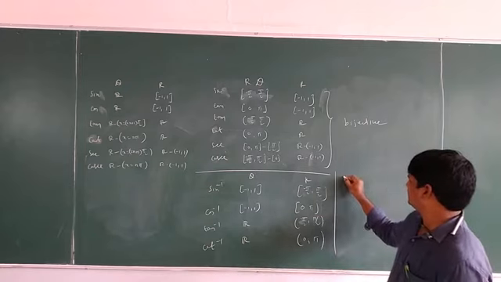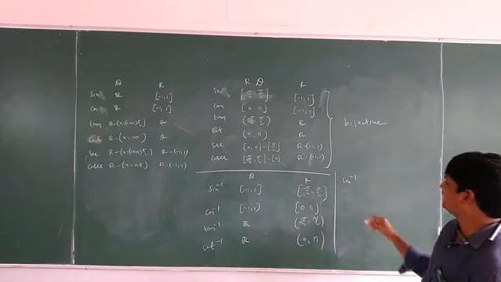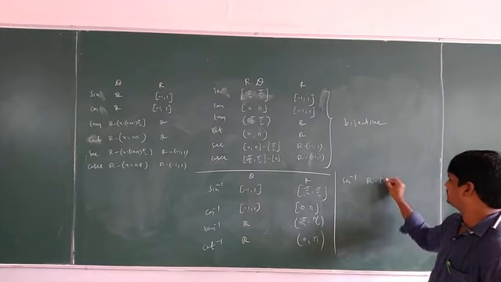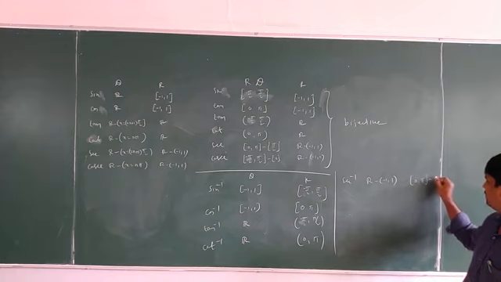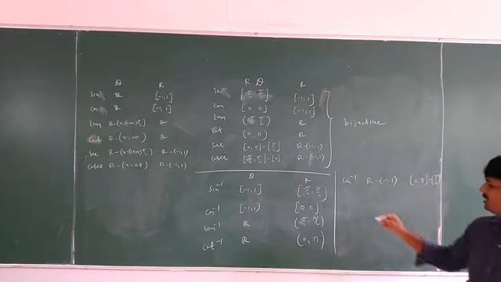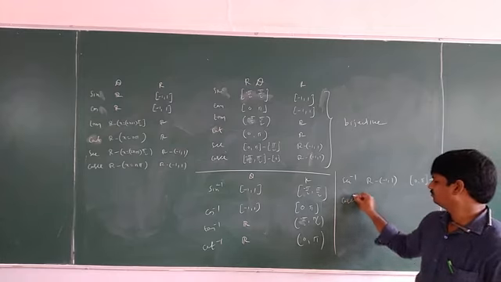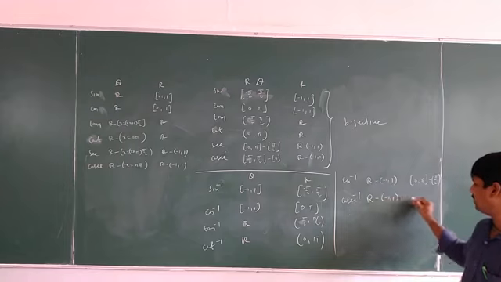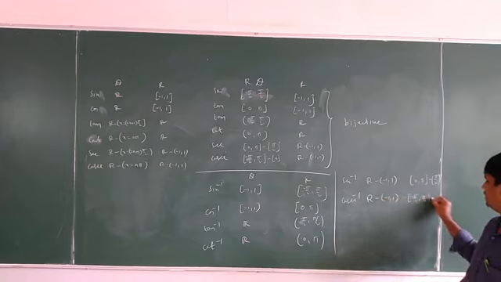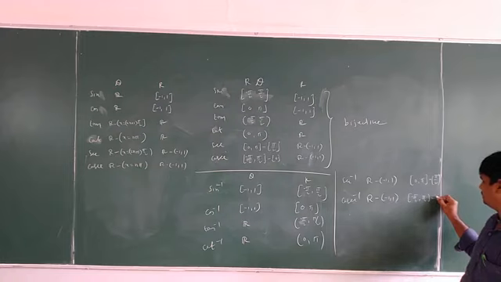Next, secant inverse: domain R minus (-1, 1), range closed [0, pi] minus {pi/2}. Right? Next, cosecant inverse: domain R minus (-1, 1), range closed [-pi/2, pi/2] minus {0}.